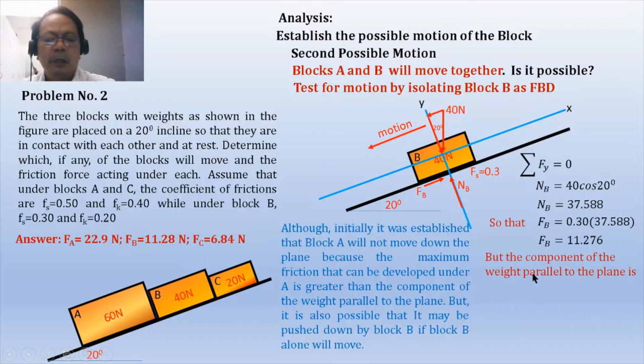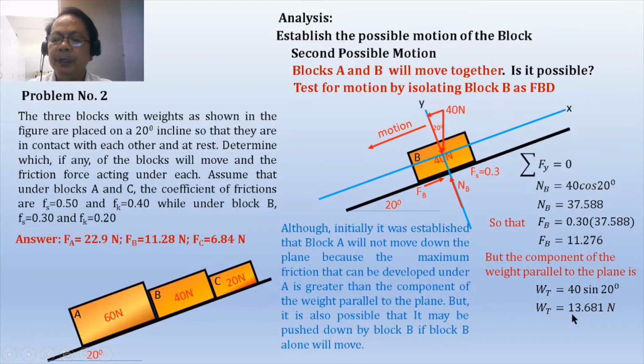Now, looking at this figure, we have to compute the component of the weight parallel to the plane, and that is equal to 40 multiplied by sine of 20, whose value, when computed, is 13.681. Looking at the two values, you will notice that W sub T, the component of the weight parallel to the plane, is greater than the maximum frictional force that can be developed under B. So, ano ang mangyayari doon?